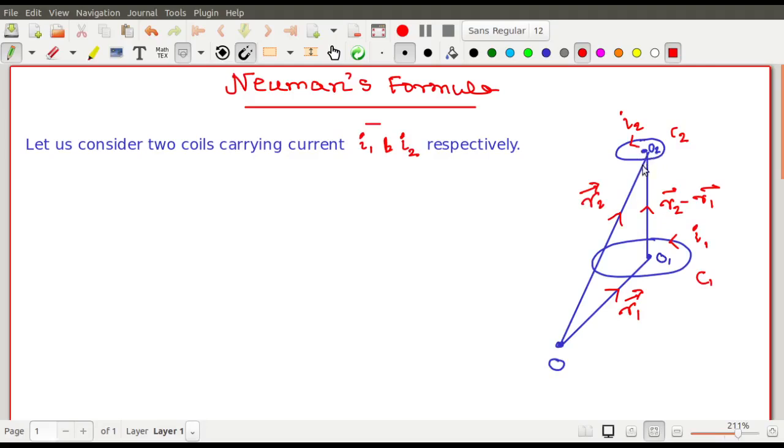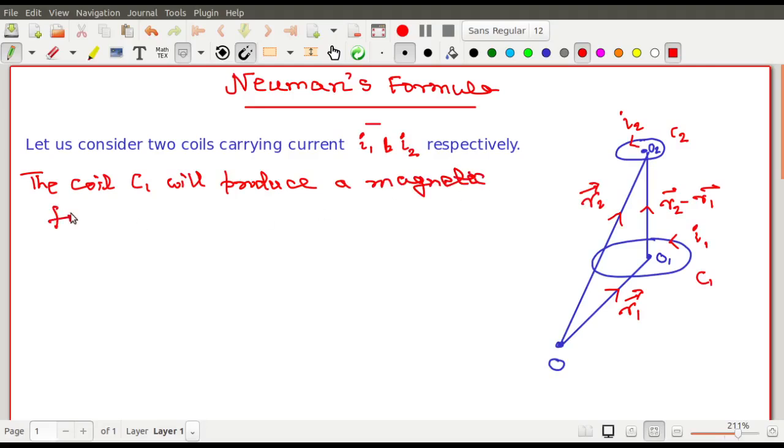The coil C1 will produce a magnetic field B1 at the region of C2, right?